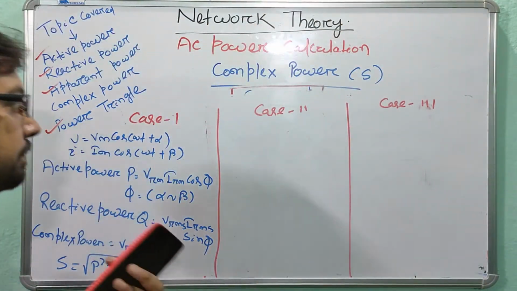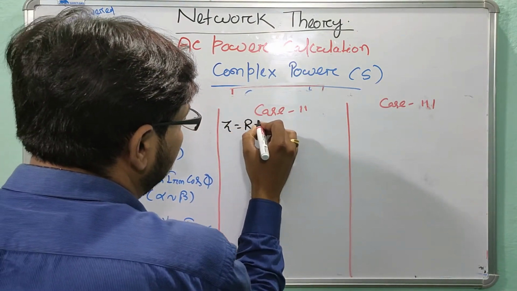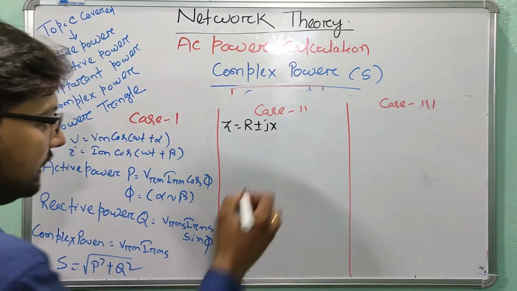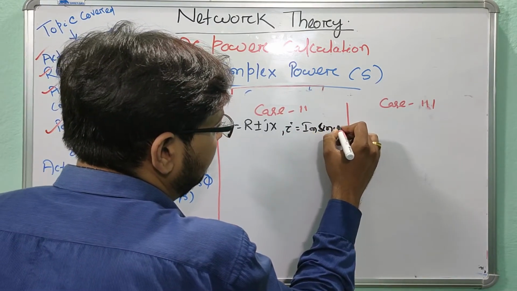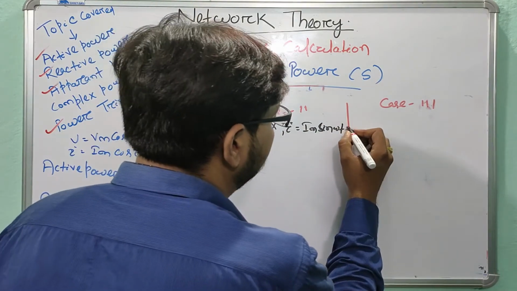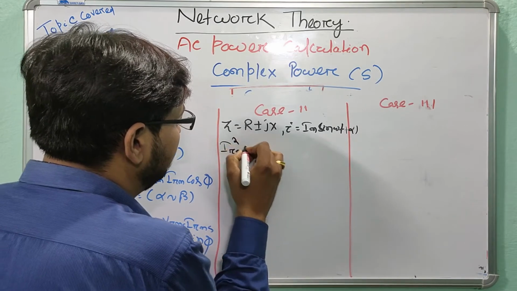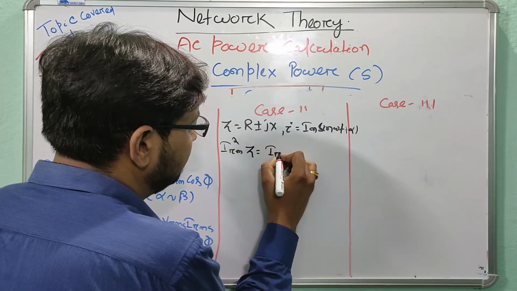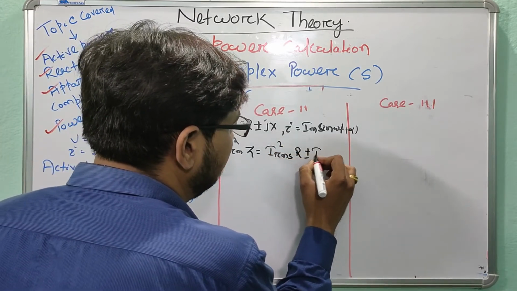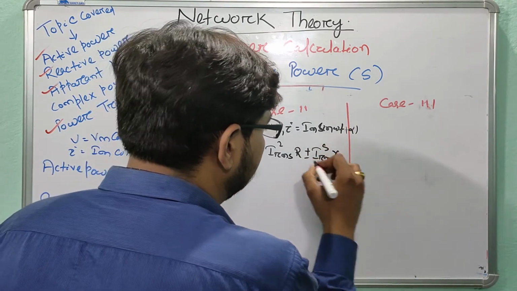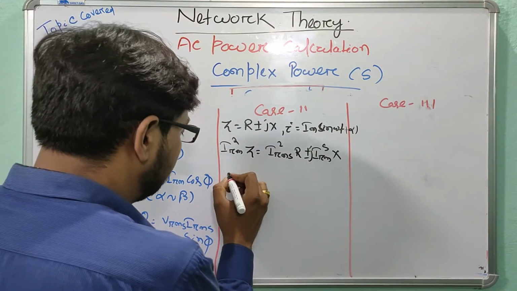Now what is my case 2? For case 2, if Z is equal to R plus or minus jX and I is equal to Im sin omega t plus alpha. Now what is my Irms value? Irms square into Z is equal to Irms square R plus or minus j Irms square X. So then what is my S value?